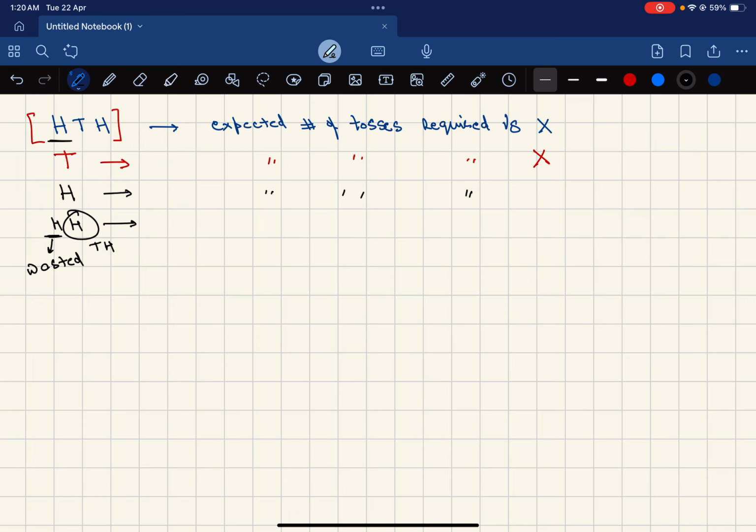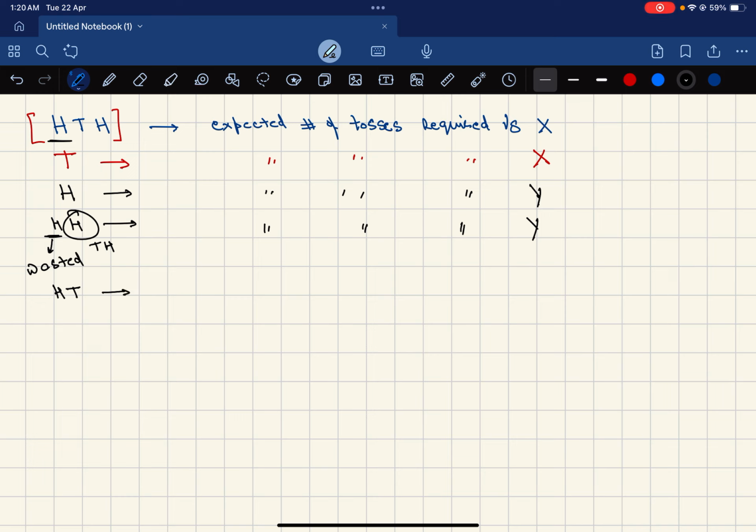So we assume that if we already have an H here, y is the expected number of tosses required, and therefore with HH we will still need y expected tosses, since the first H gets wasted here. Now let us say we get HT.